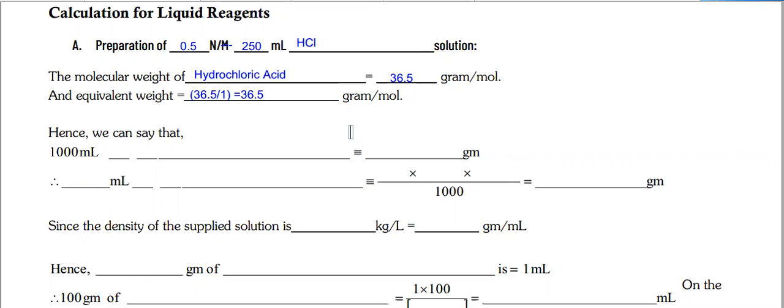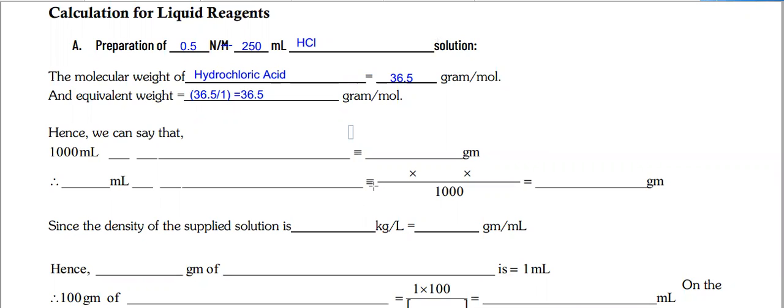In this case, this 36.5 gram is the molecular weight, and this one is the equivalent number. By dividing the molecular weight by the equivalent number, we will get the equivalent weight. And this equivalent weight is used for the calculation of normality.